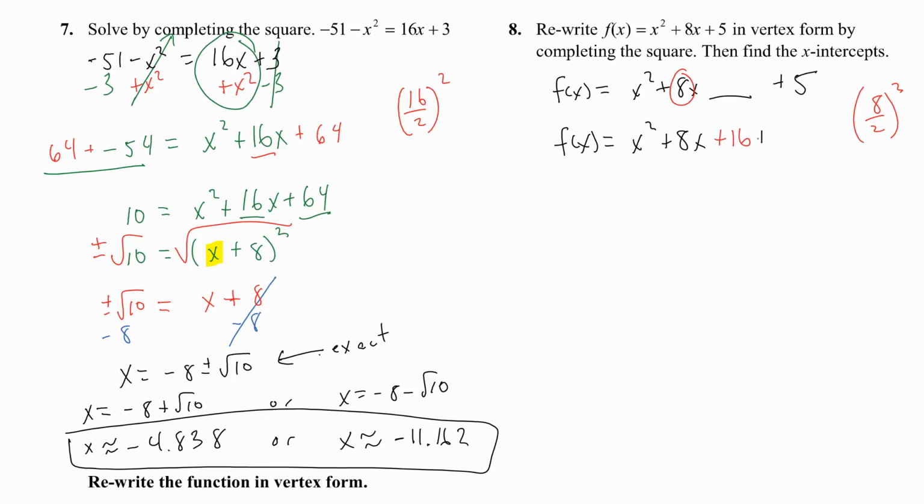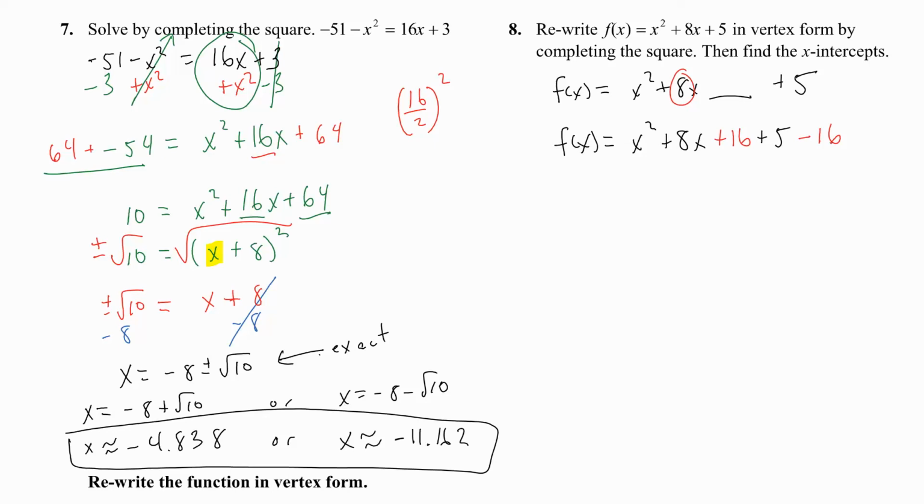Now, we can't just add 16 and have it be the same thing, just like in real life. If I have a certain amount of money, and I add 16, I have a different amount of money, so it's not the same value. So we have to make it be worth the same amount. We can't just add 16 and leave it there. But if I add 16 and then I also subtract 16, I don't change the value at all. So really, I just added 0.